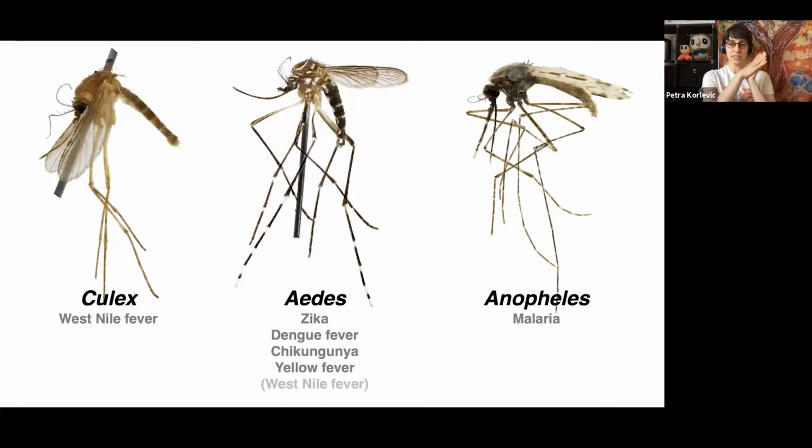In this case, these are the three main genera of mosquitoes, and underneath, it's which diseases they carry. So you can clearly see that some are a bit more specific and carry only one or two diseases. And then Aedes, also known as tiger mosquitoes, carry a very wide range of viruses.